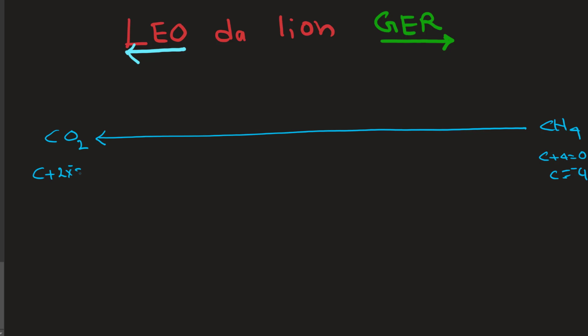But for the CO2, we are looking at 2 times oxygen -2, that means C is +4. So when the carbon is +4, it's fully oxidized in the oxidation number. When the carbon is fully hydrogenated, it's -4.